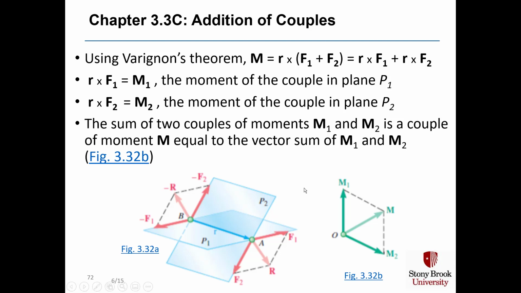Here's M1, and that is the moment of the couple in plane P1. And small r cross F2 equals M2, and that's the moment of the couple in plane P2. And the sum of two couples of moments M1 and M2 is itself a couple of moment M. And moment M is equal to the vector sum of M1 and M2.